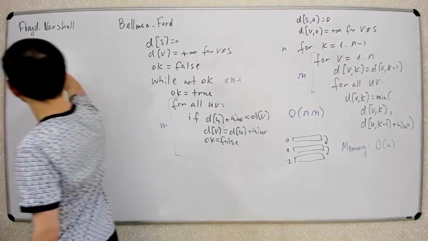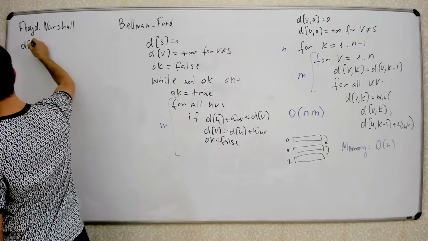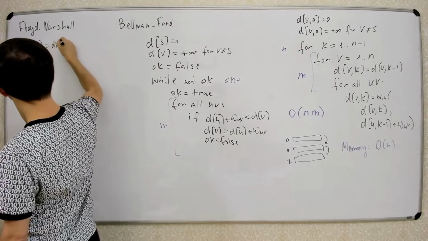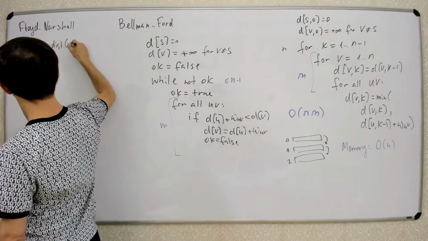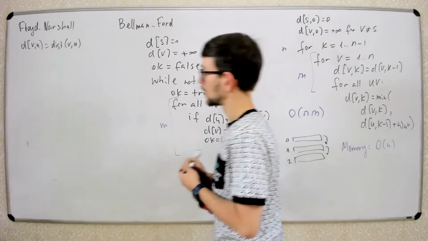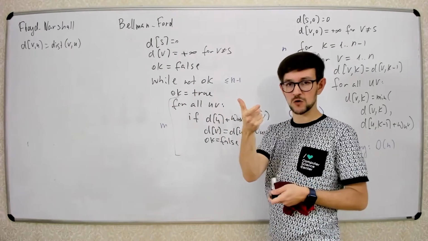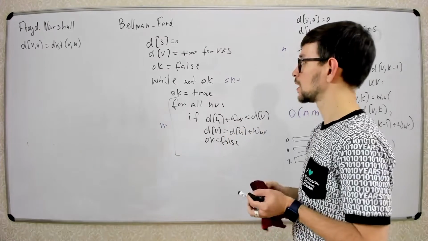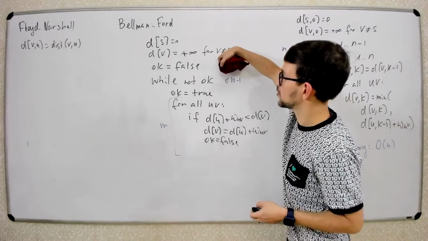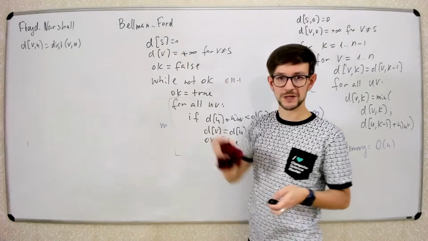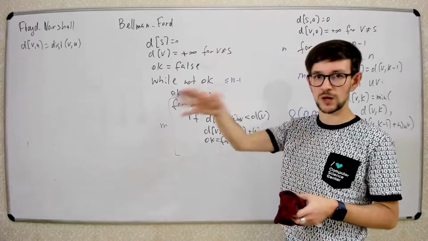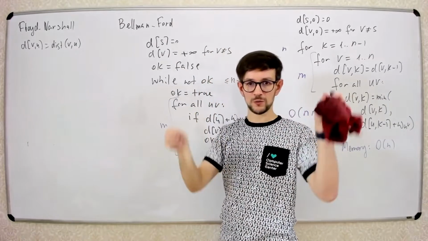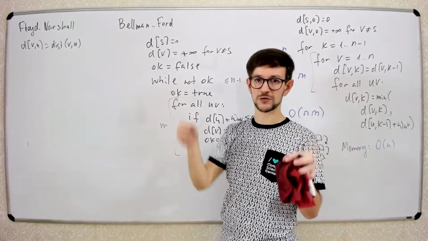So you want to construct an array where d[v][u] will be the distance from v to u. For every pair of nodes in your graph, you want to find the shortest path from v to u. In the Bellman-Ford algorithm, we have this specific node s, and we want to find the shortest path from s to all other nodes. In this algorithm, we want to find the shortest path for all possible pairs of starting and ending nodes.